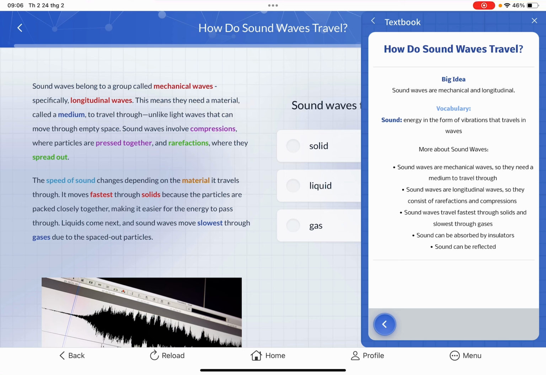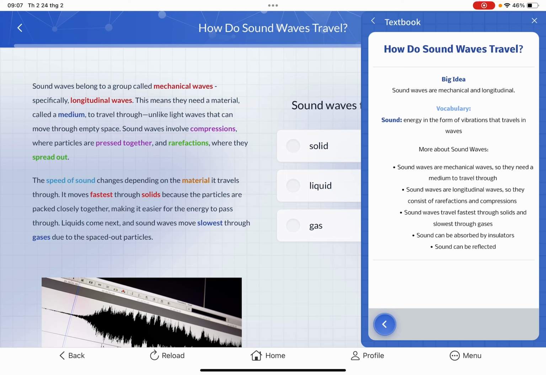So a sound wave moves slowest through gases because, instead of passing next to each other like in a solid, the particles are spaced out. They're in one place here and then they jump over to the next place. So it's slower for a sound wave to travel through gases.